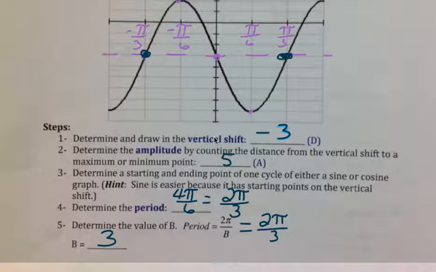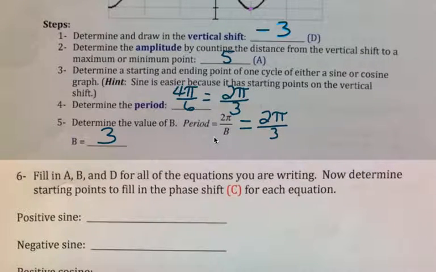So basically what's going to happen at this point is all of your sine and cosine curves are going to have the a, b, and d values. They're going to be the same. So what I might actually do is fill that in right away. y equals 5 sine 3, and I'll leave a little bit of space and put a -3 out here.